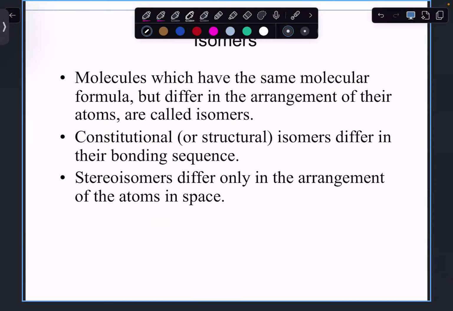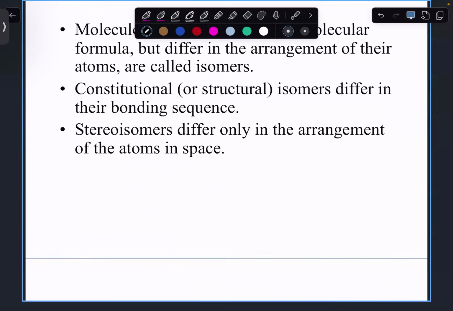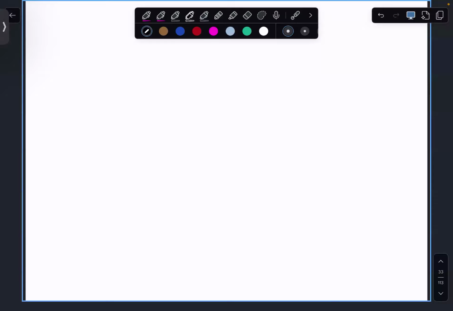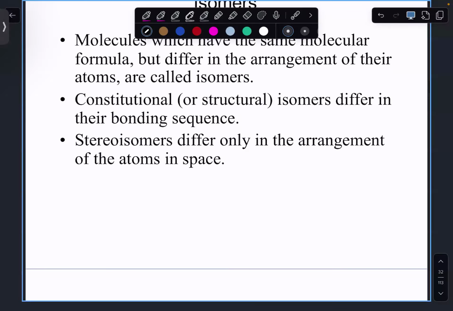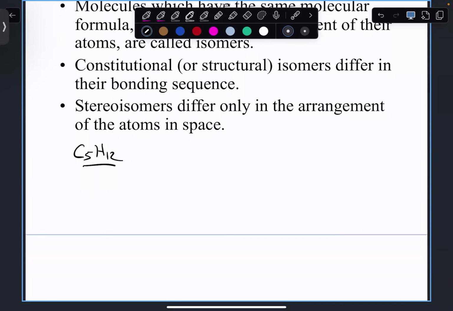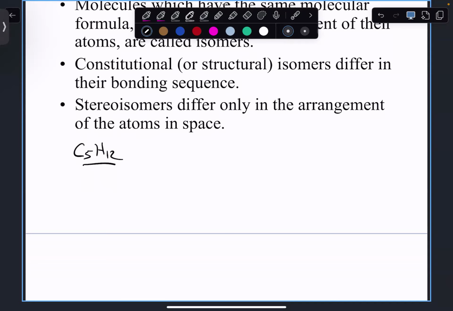As an example, if I were to say C5H12, there are a few different isomers or structures I could draw with that formula.